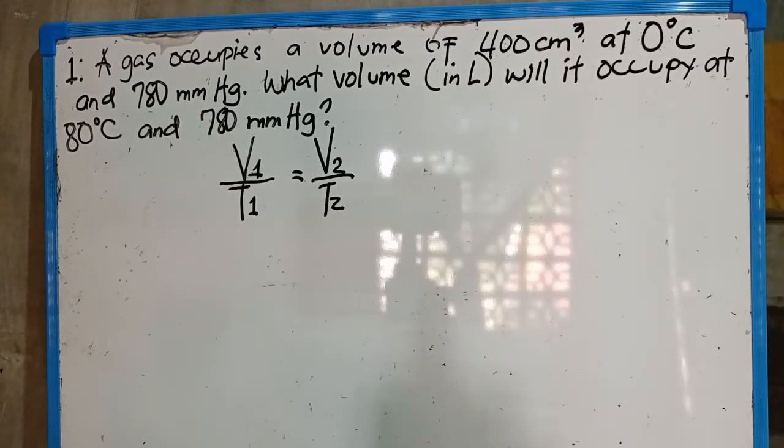As you can see, our first question: a gas occupies a volume of 400 cm³ at 0 degrees Celsius and 780 mmHg. The 780 mmHg is the pressure present in the gas. What volume in liters will it occupy at 80 degrees Celsius and 700 mmHg?